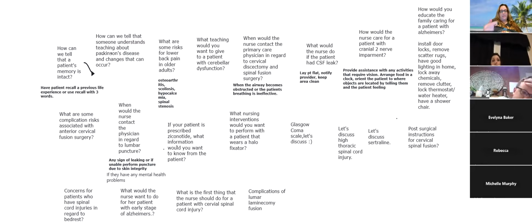You think they process stuff as quickly? No. They're more prone to infection due to decrease in immune response. Mhm. Their equilibrium and balance isn't as good. Okay. Let's see.